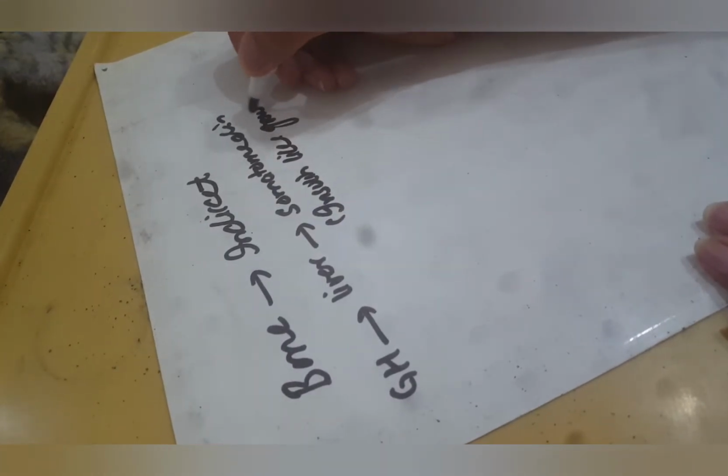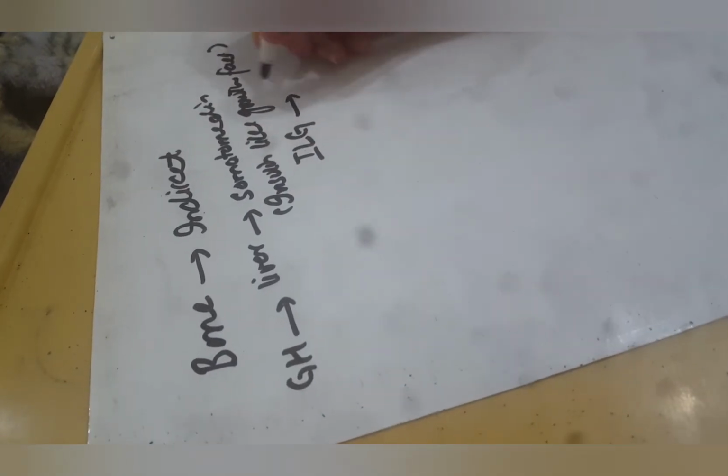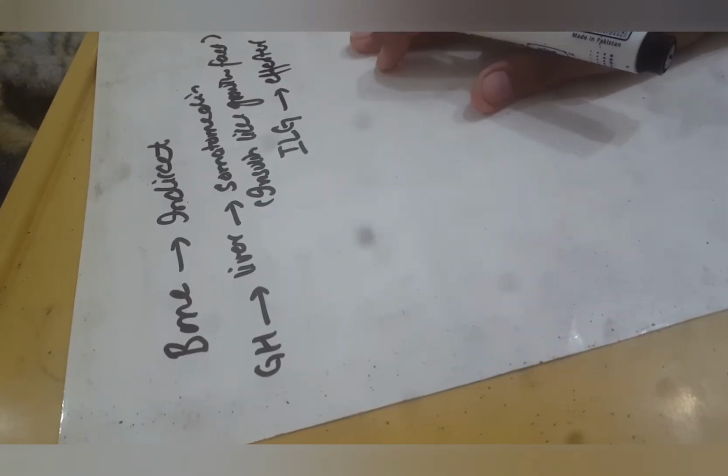Then these growth factors act on the effector site. This is the indirect mechanism of growth hormone.